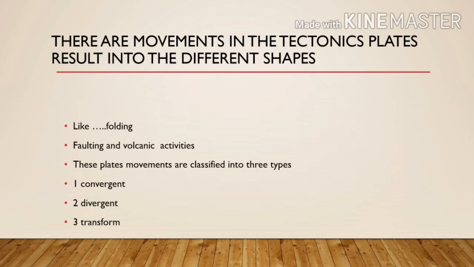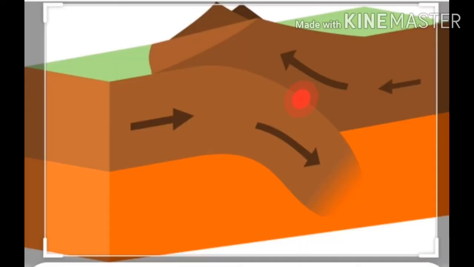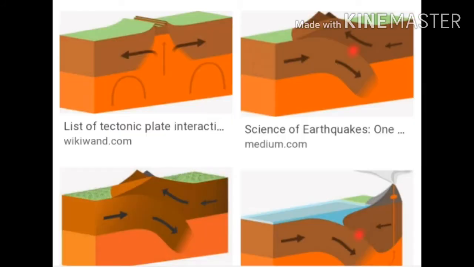This is the second class. And the last one is transform, where the boundaries of plates move past each other. See in the picture, this is a convergent boundary where the arrows are crossing each other. The movements of the plates are shown in this figure.